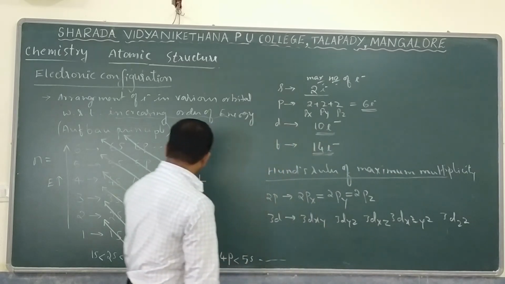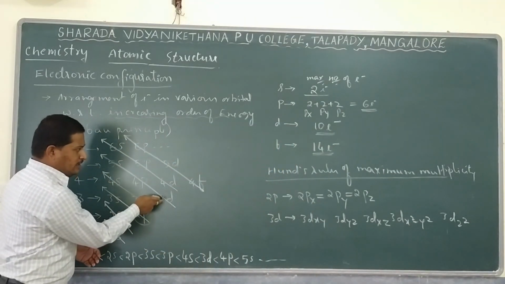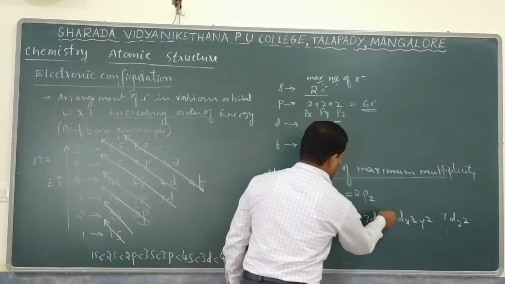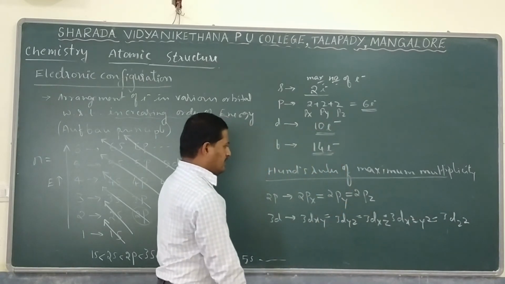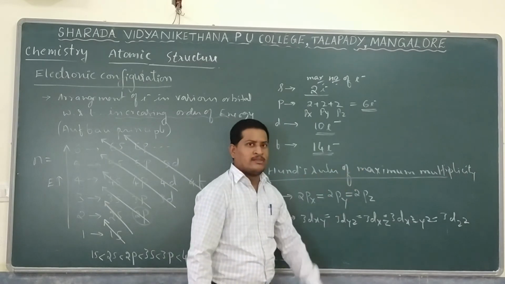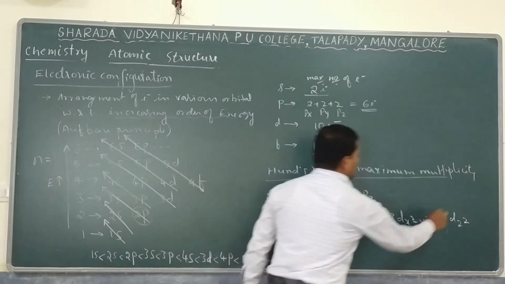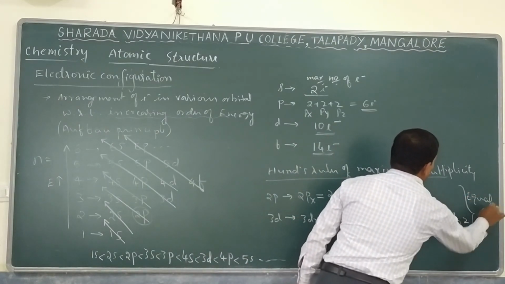Here also, after filling electrons in the 4s orbital, the next goes to 3d. But there are 5 3d orbitals, so in which orbital does it go? Remember, these orbitals have the same energy. Which orbital is occupied is guided by Hund's law. Remember, these are equal energy orbitals.